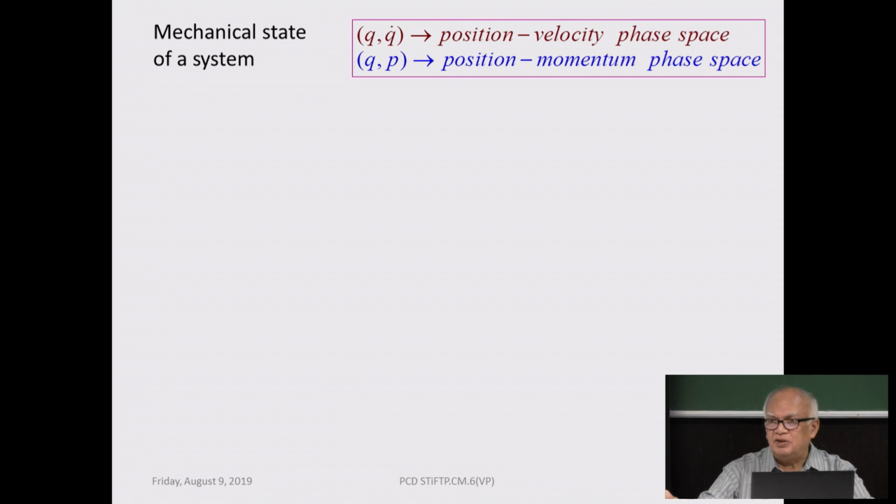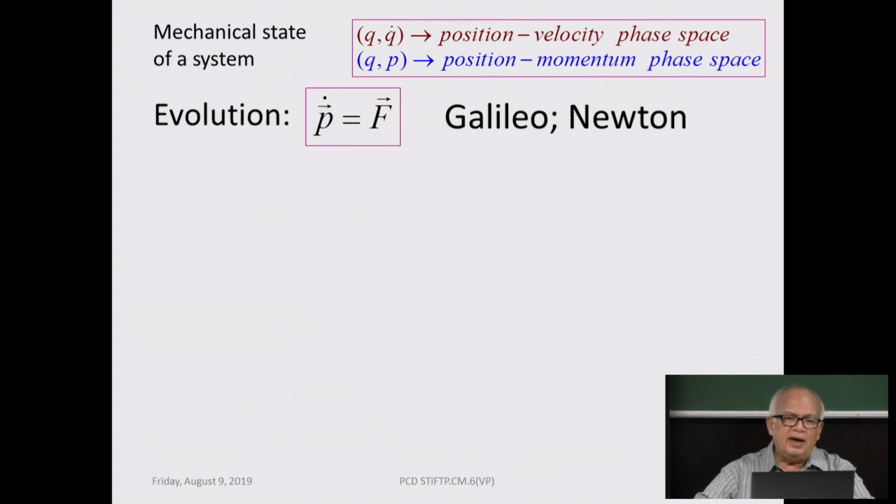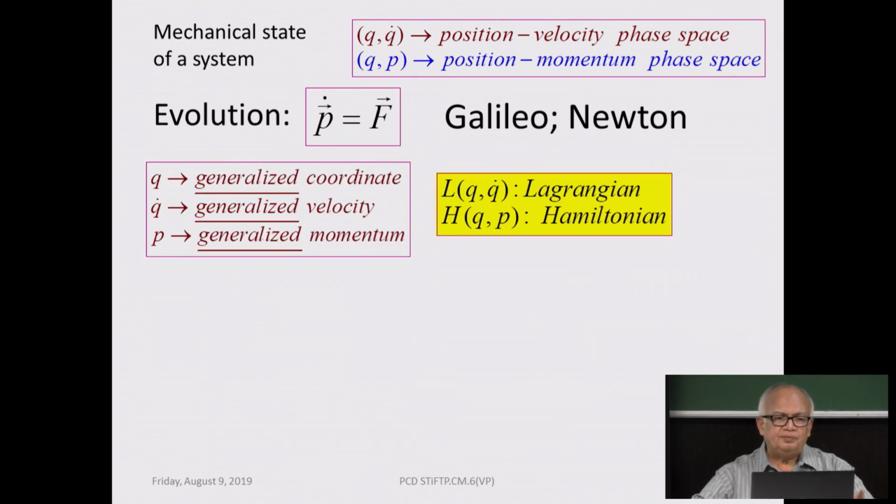These are the questions that we try to answer in mechanics, and Newtonian mechanics does it invoking the principle of causality, cause and effect, and this is contained in the laws of Galileo and Newton. Galileo's identification of the law of inertia, which helps you find what is the inertial frame of reference, and then Newton's law F equal to dp by dt, which tells you how change in momentum is accounted for.